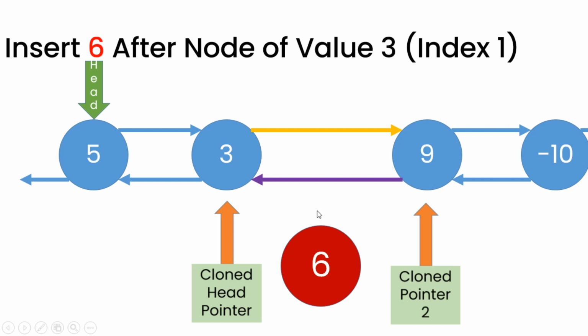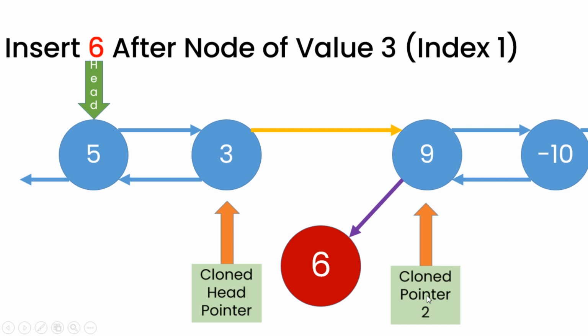So that's exactly what we're gonna do, but we will need to do it in a certain order. So how can we do this? First, we're using our second pointer here. We're gonna use the previous property, so we can change this purple arrow to point to this 6 node.